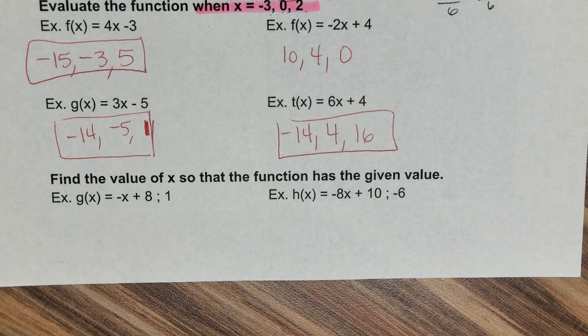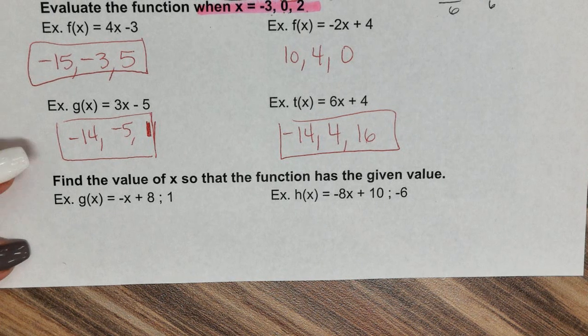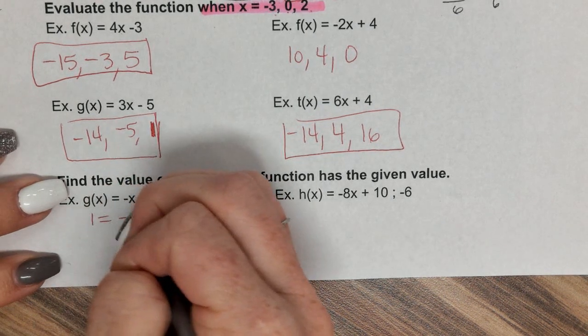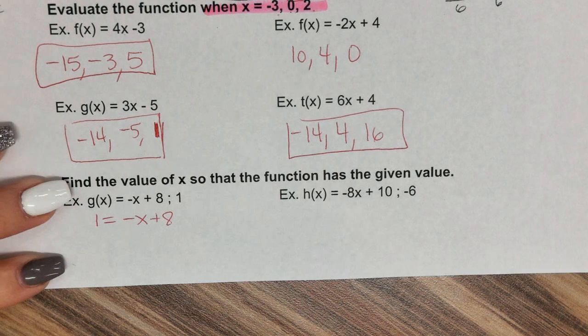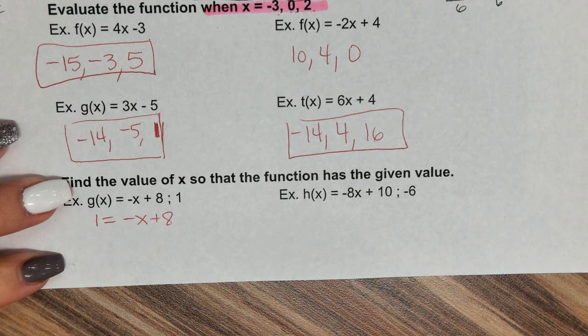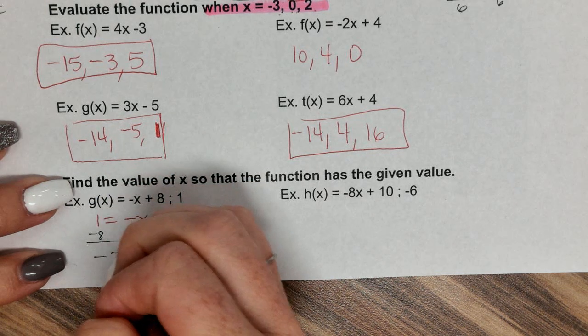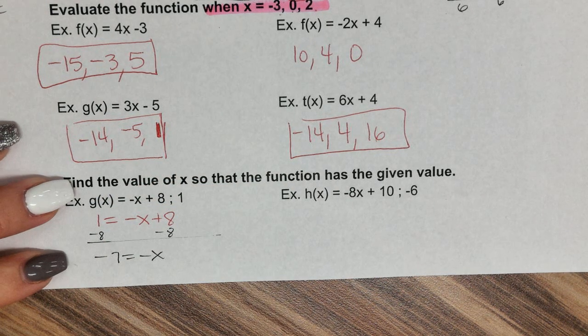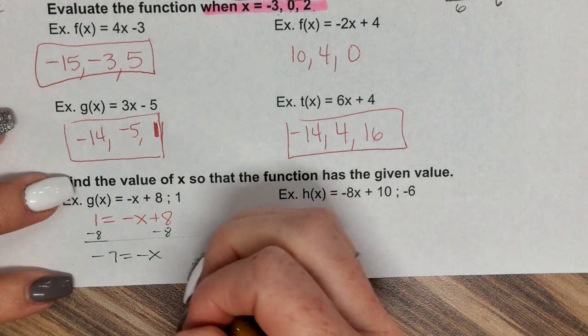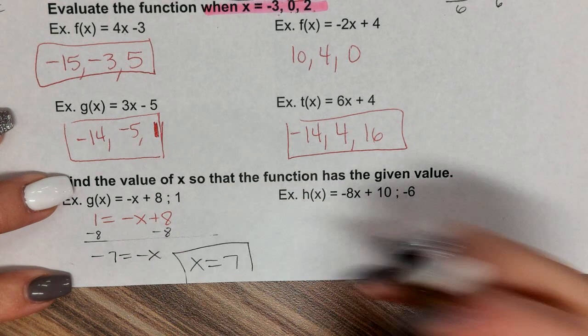Okay, what are you going to plug in for? For y, the function. So this would be 1 equals negative x plus 8. How would I get rid of a plus 8? Minus 8. So I have negative 7 equals negative x, which x just becomes positive 7.